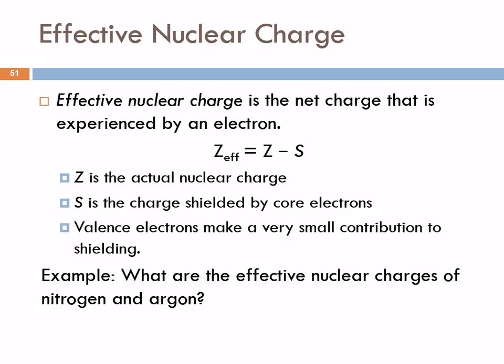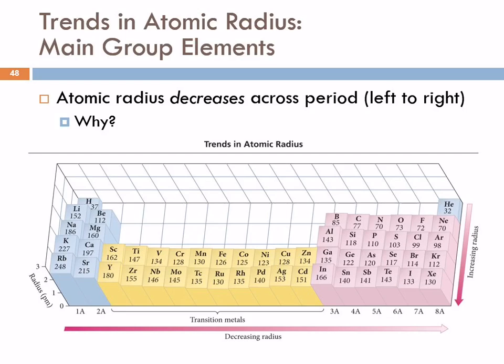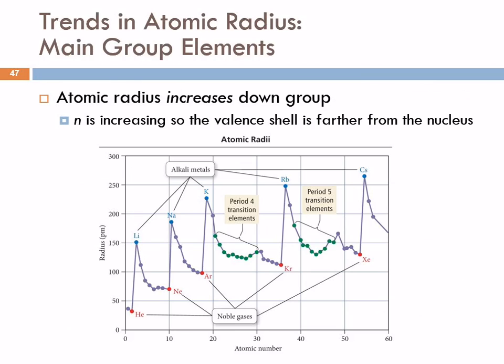Let's just go back to that graph. Well, here's the table. So the differences in here are much smaller than what we see going across with the main group elements. If we look at the graph, here's the transition metals.